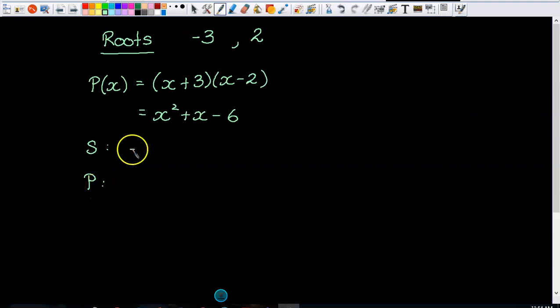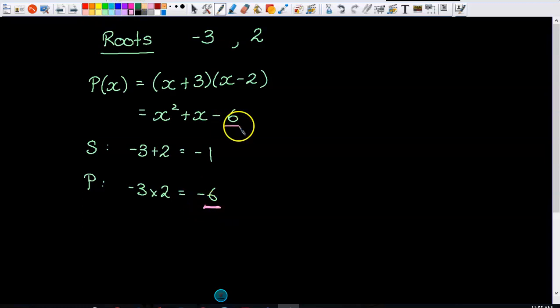Now, the sum of the roots, minus 3 plus 2, gives you minus 1, and the product of the roots gives you minus 6. And that's where hopefully you go, oh yeah, the product was the last term and stays the same. The sum of the roots is the middle term, but reverse the sign.